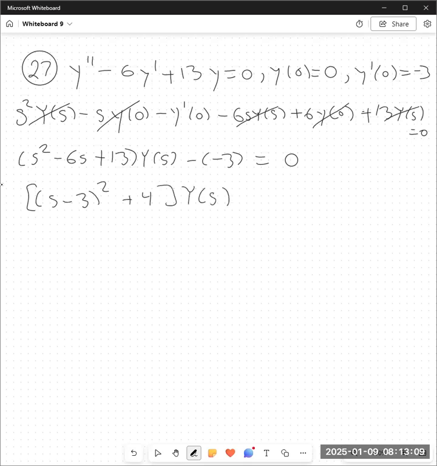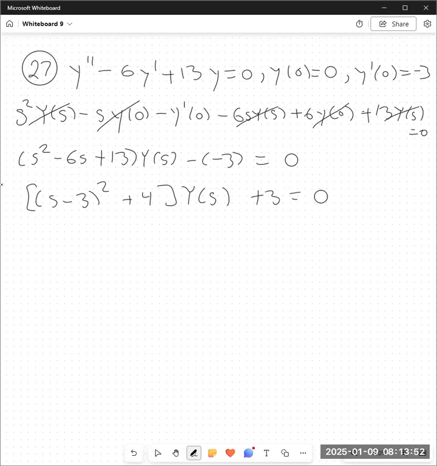Y(s) is equal to, and that was a minus a -3, plus 3 equals 0.